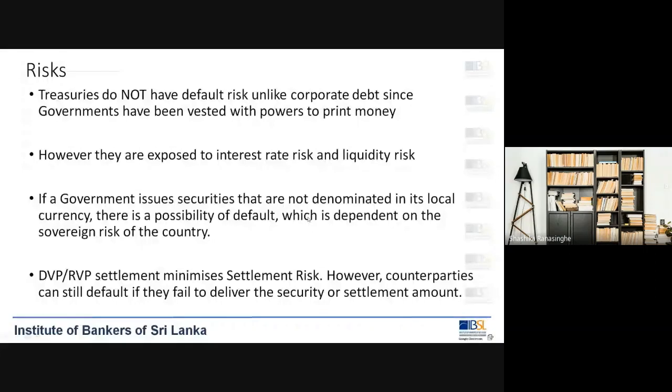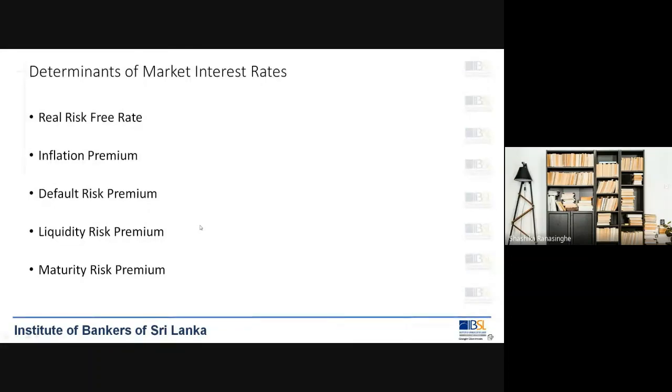So the risk of settlement can be eliminated using DVP, RVP. Now, the market interest rates are based on market forces. How would you define an interest rate?